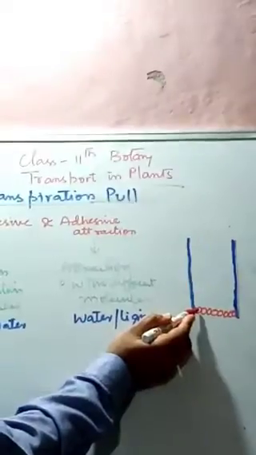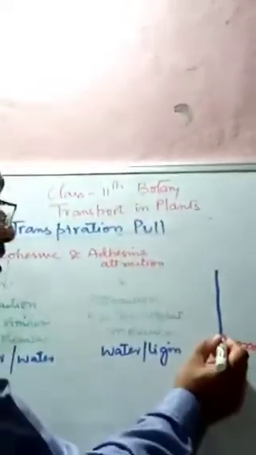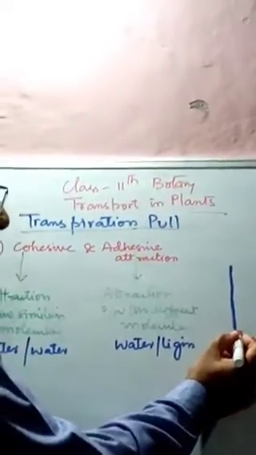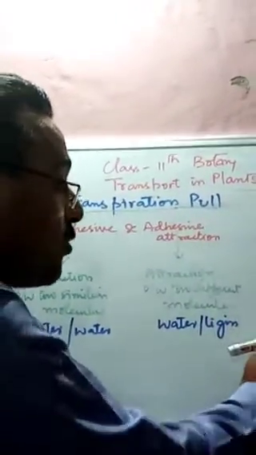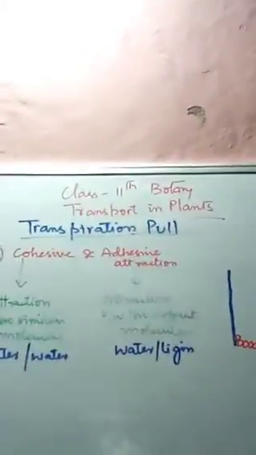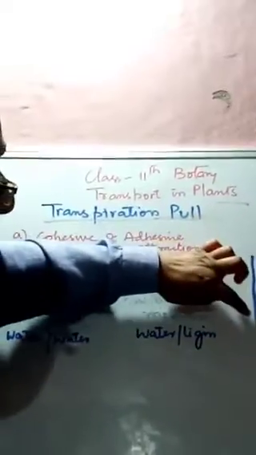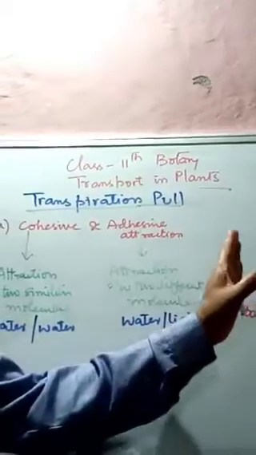Now we know that this lignin has great affinity with water. It attracts this water molecule towards itself and moves it upwards. But this water molecule has the cohesive attraction with another water molecule, so it takes its partner along with it. In this way, lignin attracts its water molecule and pulls it upward.